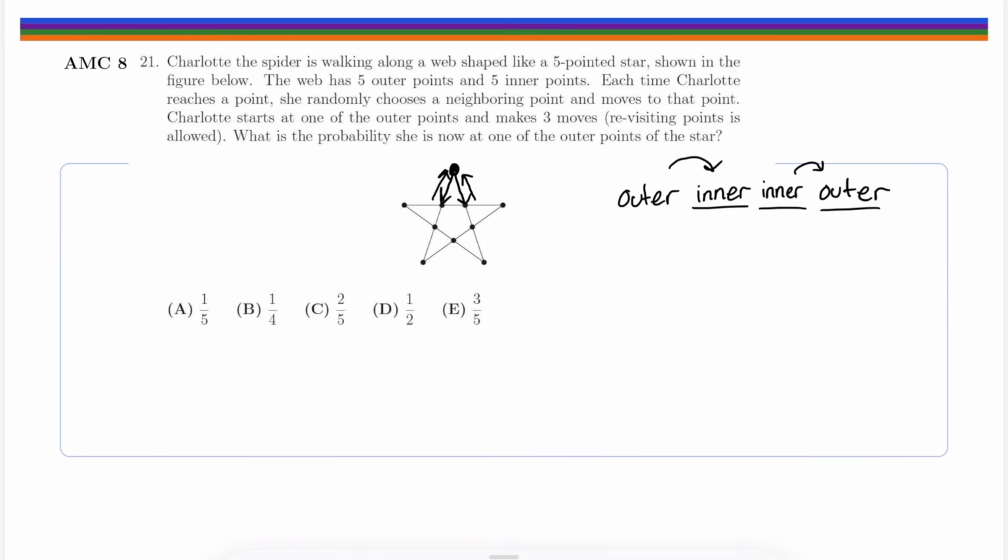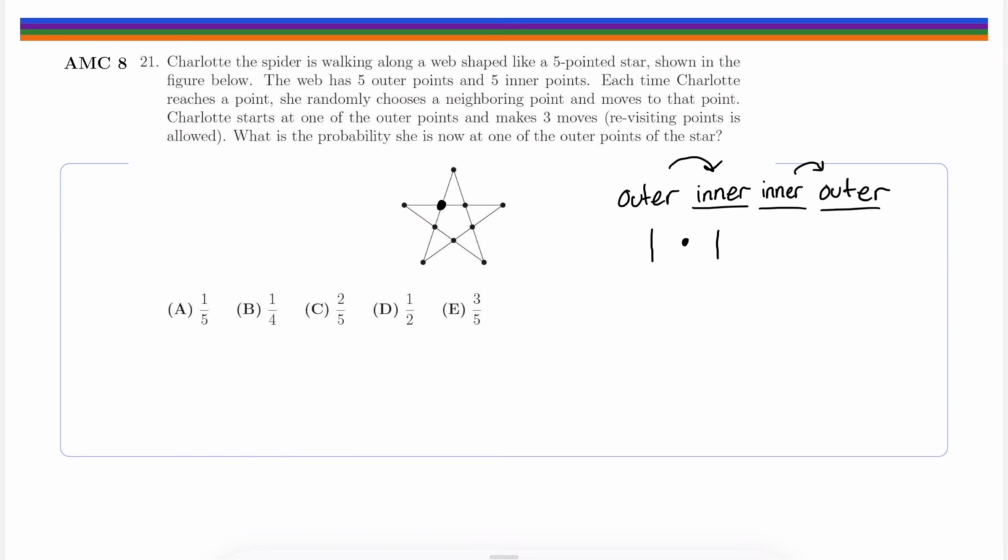Now that we know this, we can start calculating our probabilities. The probability that Charlotte starts on an outer point is 1, since that's given information. The probability that she then moves to an inner point is also 1, since that's the only move. Now that Charlotte is at an inner point, though, she has some options.